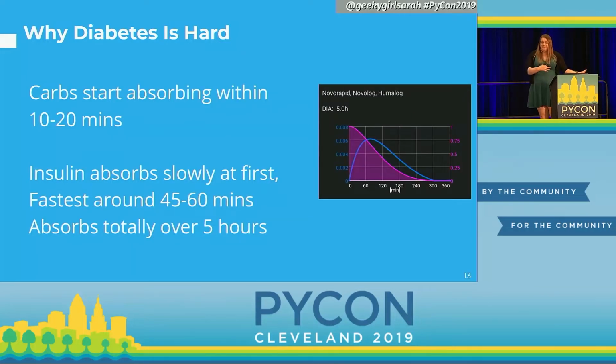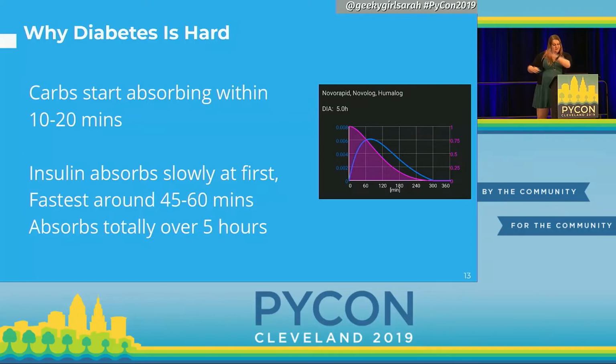To add more interesting complications to it, when you start to eat your carbs, within 10 to 20 minutes is when those start getting into your bloodstream. But the insulin that you would take to counteract that starts kind of slowly at first, and then hits really hard about 45 to 60 minutes in, and then just over the course of 5 hours, finishes absorbing.